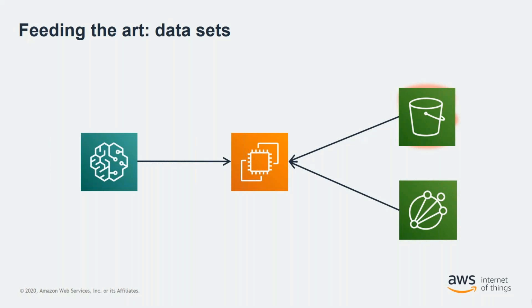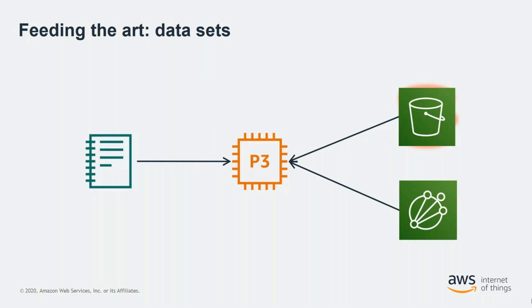So let's take a look at what that looks like when we want to actually feed the art. When we want to bring the data sets on the right-hand side that we've defined within S3 and also IoT Analytics, and how we take the work we've done into SageMaker on the left-hand side and put that into some compute in order to feed this art form that you've defined so you can predict outcomes. On the left-hand side, you're going to bring in your notebook. This is the computational instruction that you've developed to define what you want to predict and how you want to predict it. In the middle, you have a compute component.